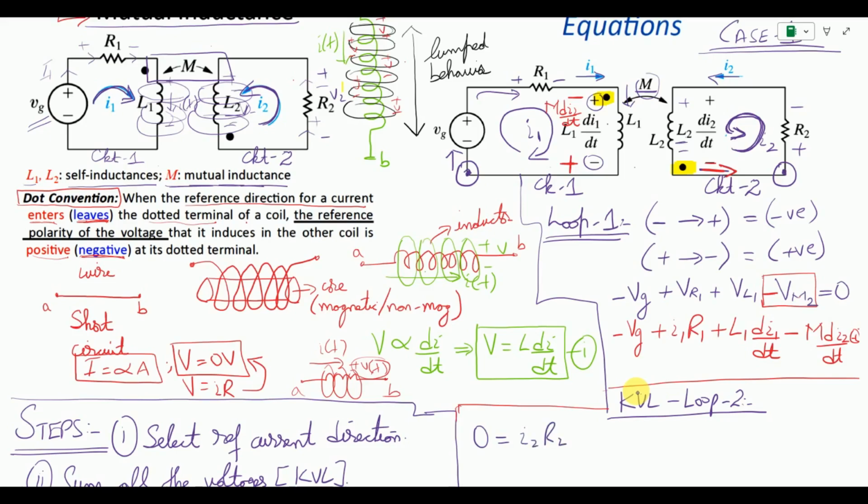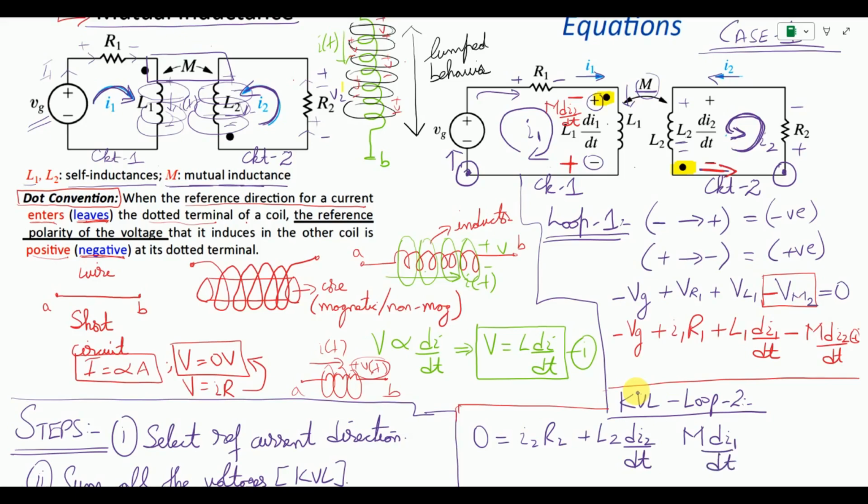Then the inductor is going to be plus L2 di2 by dt, rate of change of current because of the second, and then we need to write the magnetic field effect coming from the first inductor. So it is going to be di1 by dt.